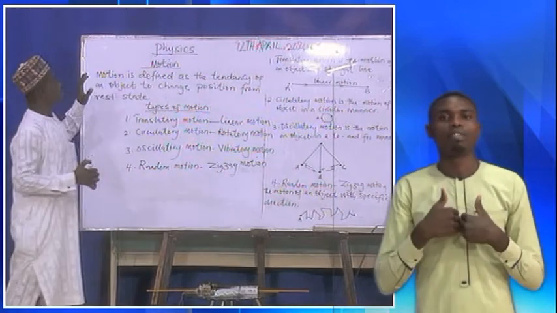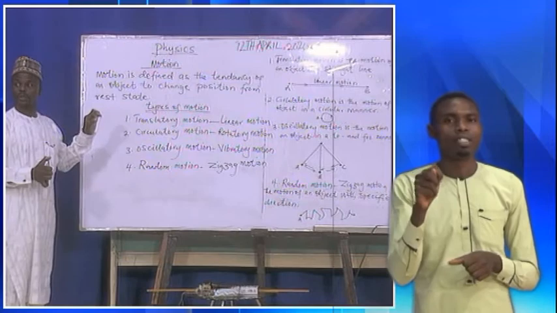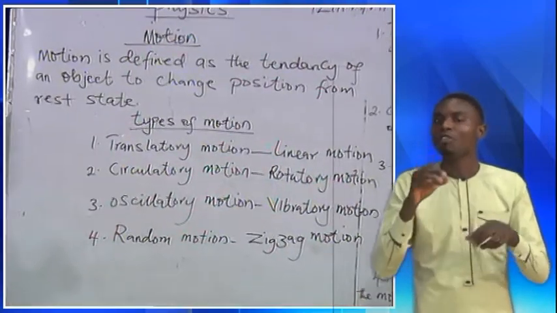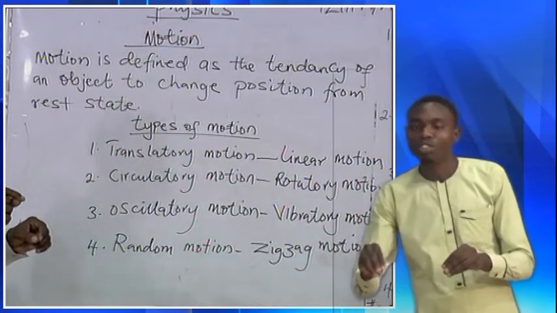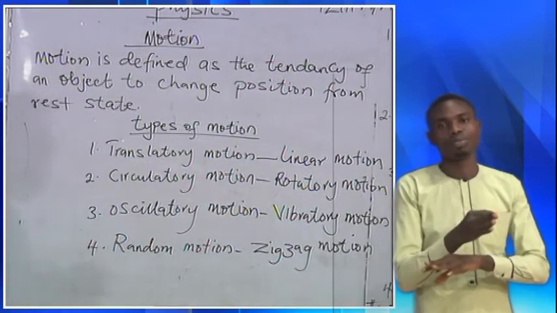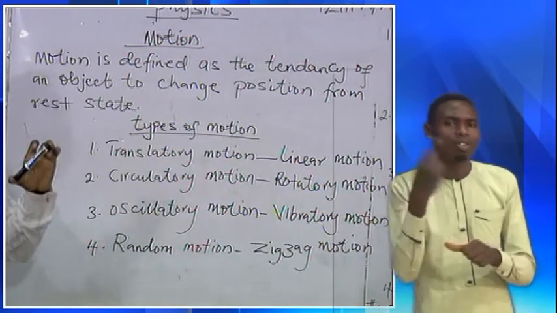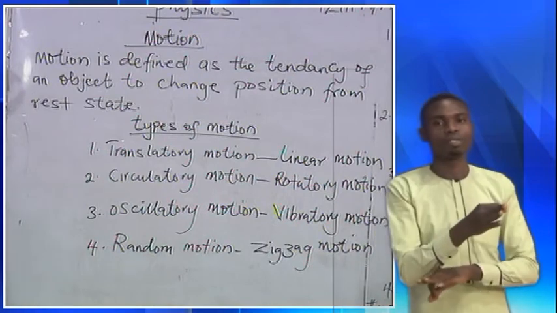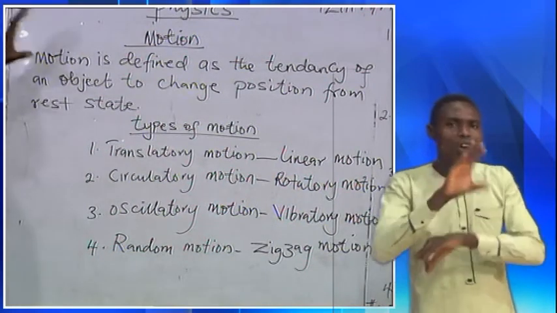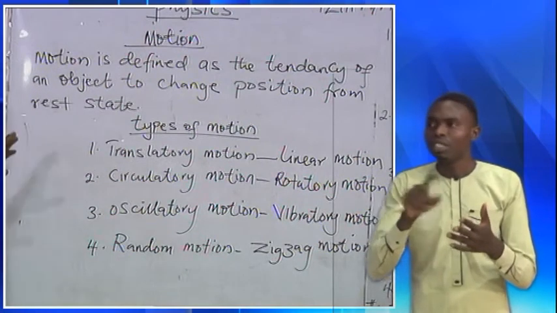Viewers, remember I said the cause of motion is a force. There is no motion without force. Always put it at the back of your mind that you can only have motion where there is force. So a force causes motion, and these motions are classified into 4 types.